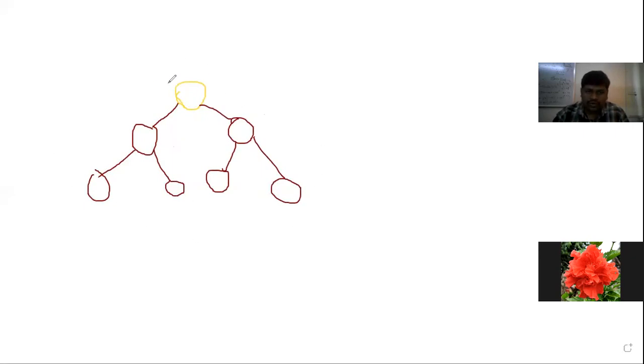So here is the one root element. After that, the left side element you are considering is lesser than the root element, and the greater element you are considering at the right side. The same logic we are using here in the binary tree, right?